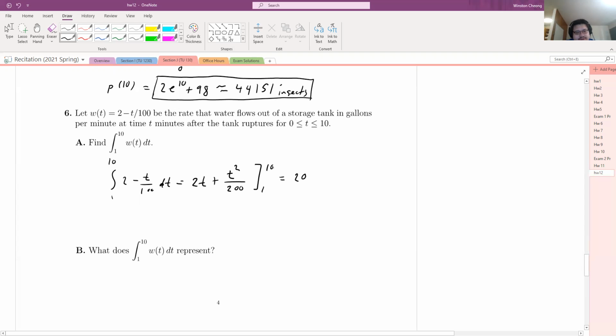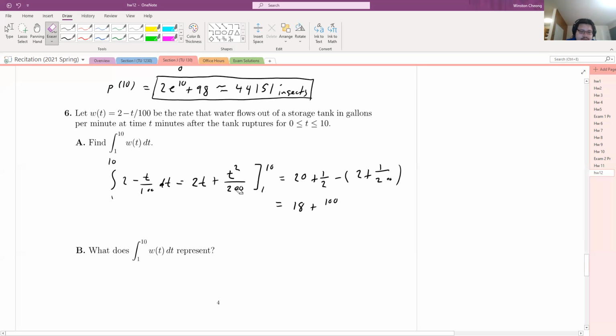Plugging in 10, you get 20 plus a half. Then plugging in 1, you'd get 2 plus 1 over 200. You could try to subtract this. Actually, it's not that. Why is it not that?